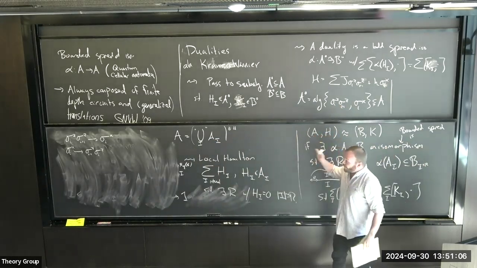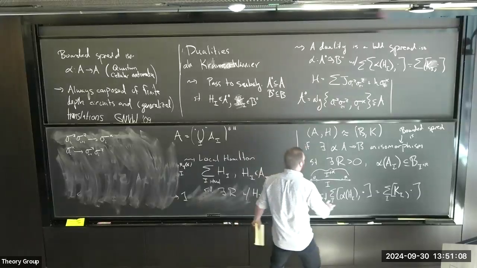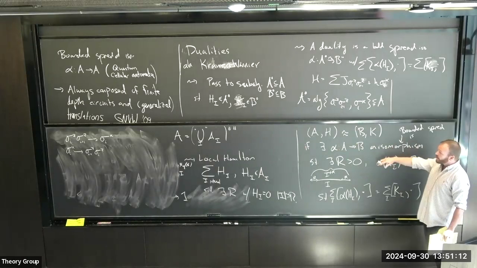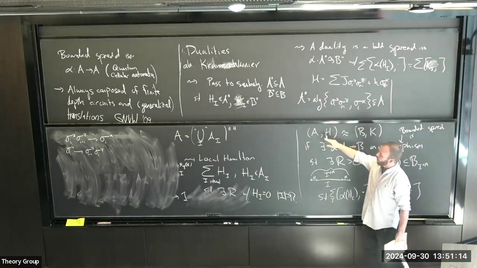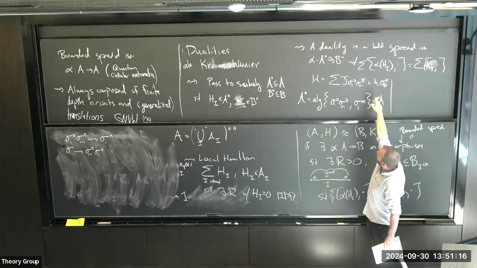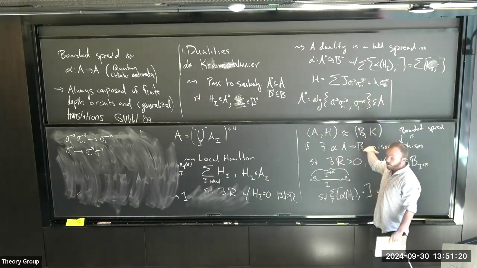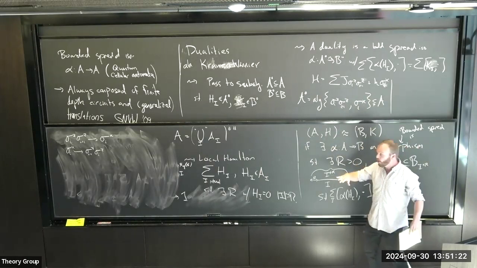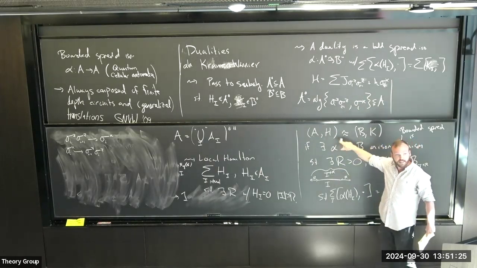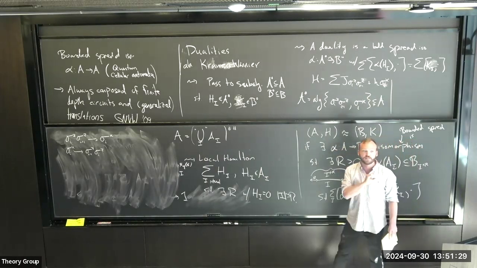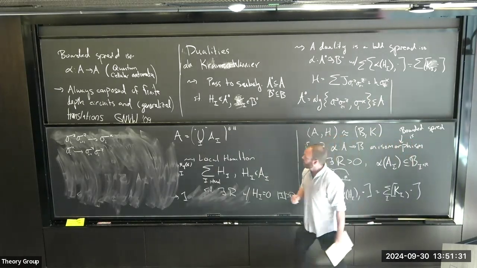One of the important features about duality that we witness here is that this bounded spread isomorphism does not extend to a bounded spread isomorphism on A. So a duality, we said, is a bounded spread isomorphism, but the interesting ones, the ones that have the kind of Kramers-Wannier vibe, are the ones that don't actually extend to a bounded spread isomorphism on the whole theory. You can only see them when you restrict to these subalgebras, and that's the key point.